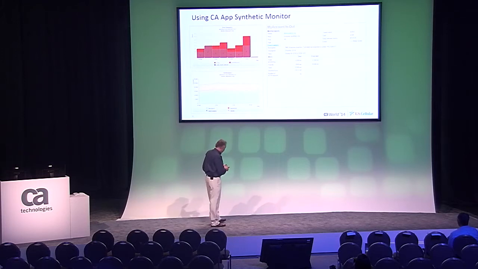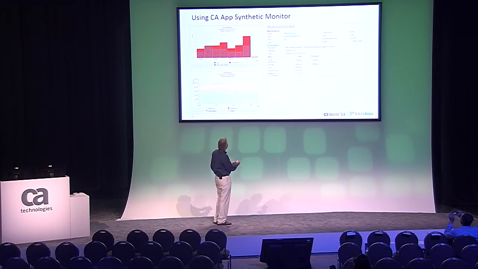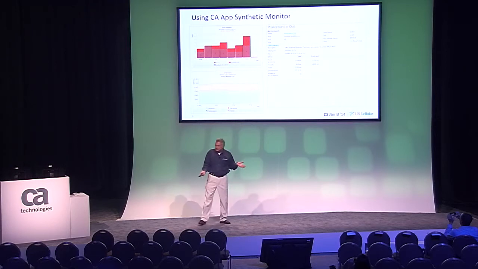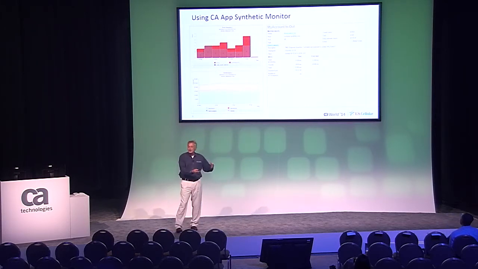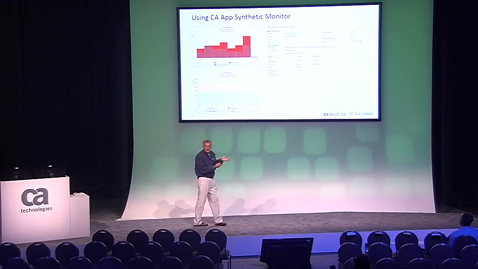And if you look at this one up here, let's see if I can use the laser. You can see right here, it actually failed because it was looking for a piece of content. This one was "why switch?" with a question mark after it. And so this particular transaction failed because the content wouldn't actually load.